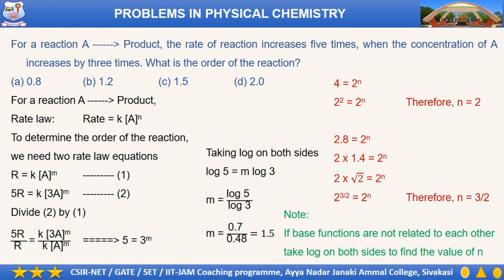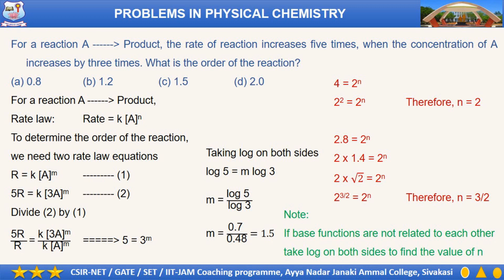Now you have two sets of equations. Divide one by the other: let us divide 2 by 1. Whichever has the higher concentration, take it in the numerator; whichever has the lower concentration, take it in the denominator.